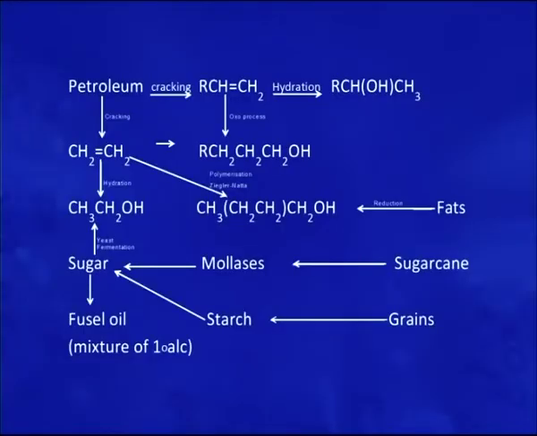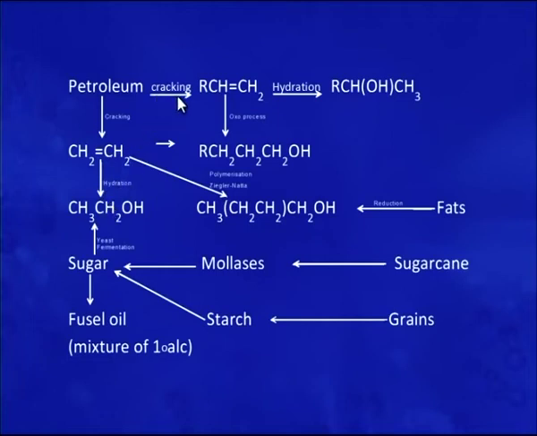Here now is the flow chart which shows starting from petroleum how we can prepare a variety of alcohol, starting from fats how we can prepare alcohol, similarly from sugarcane or grains we can prepare alcohol. See, petroleum upon cracking forms alkene, which upon hydration gives ethanol.